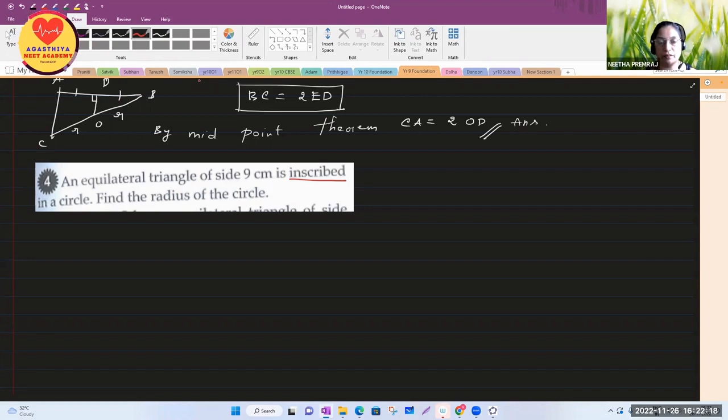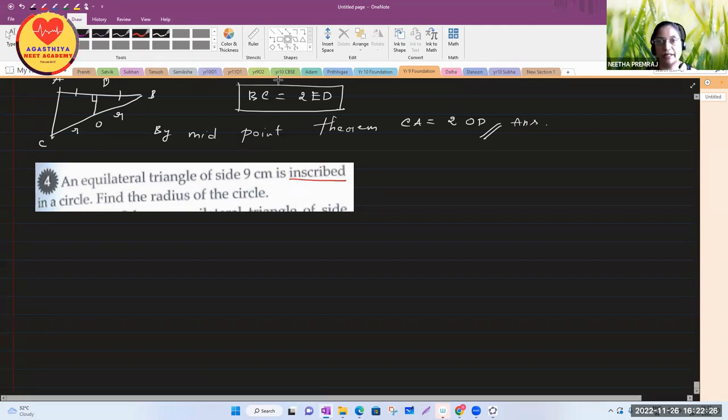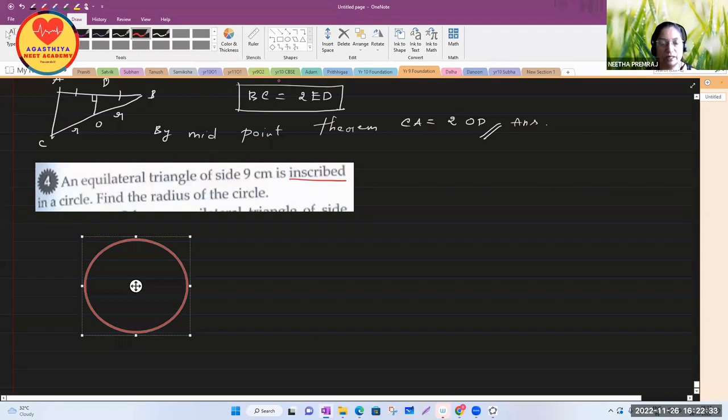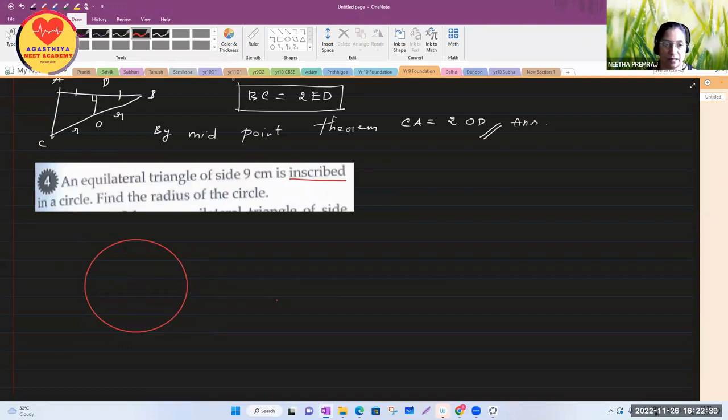Guys, answer my question. An equilateral triangle is inscribed in a circle. In a circle, there is an equilateral triangle inside. Okay.